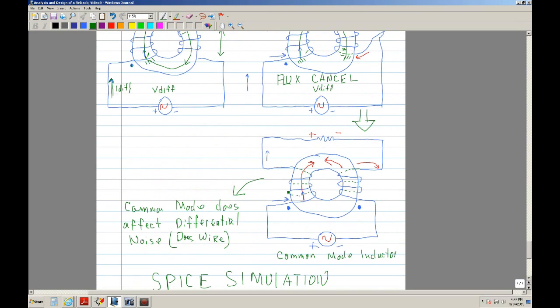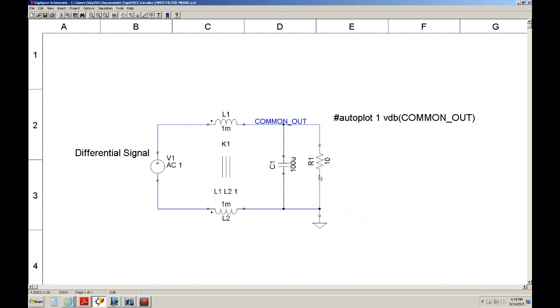And in this case, current will come in to the dotted, and then goes through the resistor, and then it comes back into the non-dotted on the neutral. So this is a common mode inductor.